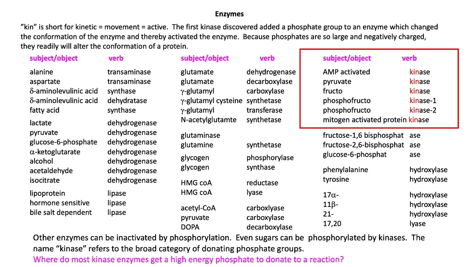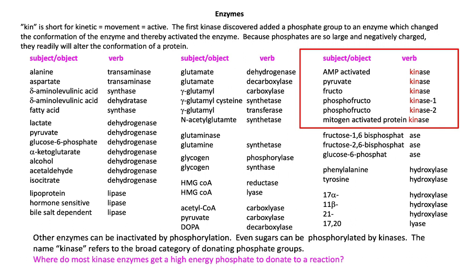The first kinase discovered was an enzyme that activated a different enzyme. So hence, kinase, an enzyme that activates a different enzyme. But it turns out later they figured out that the way the kinase activated another enzyme was by adding a phosphate group to it.